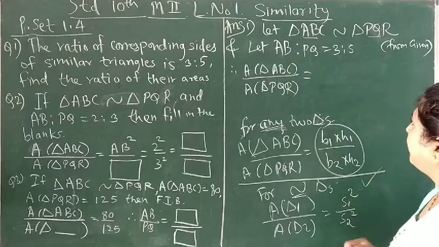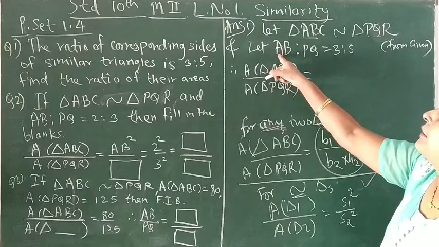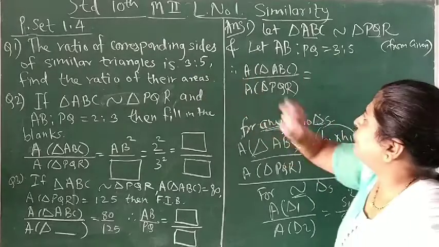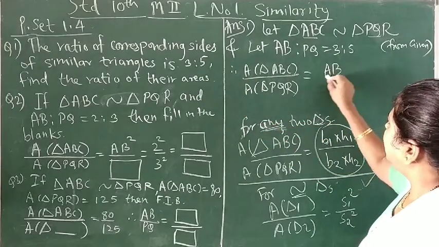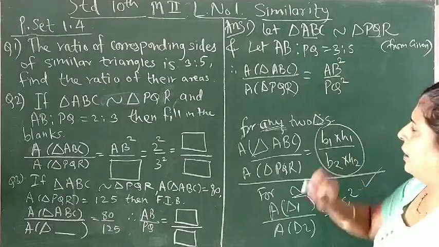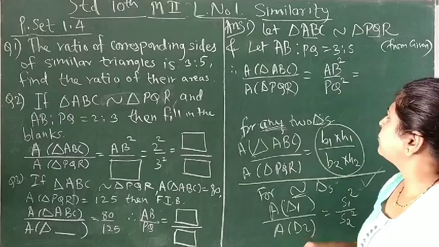So we have to use this property. AB and PQ are the corresponding sides, so the ratio is 3:5. So we have to take AB upon PQ, the corresponding sides, and take the squares. So here AB square upon PQ square.